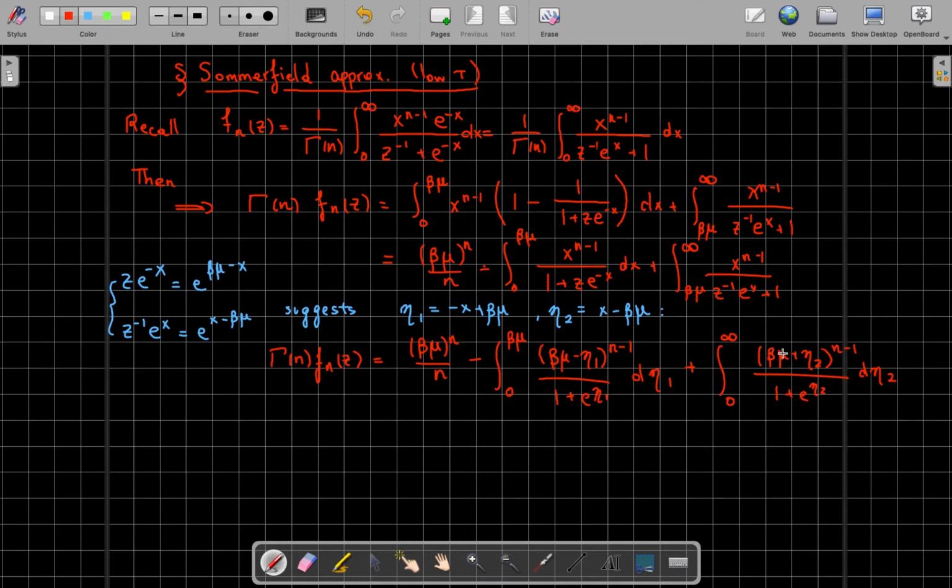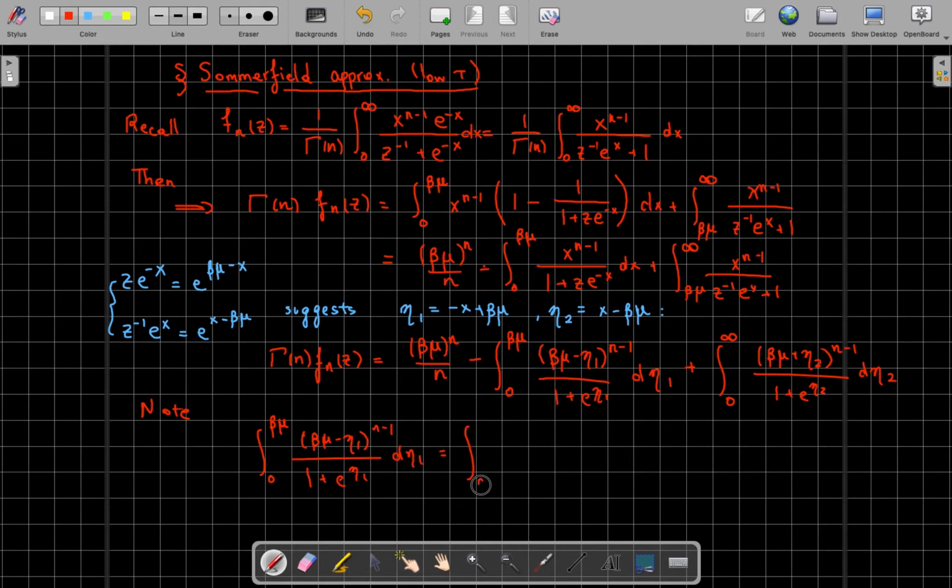Now, let's look particularly at this integral from 0 to beta mu, right? So if we look at that, note, the integral from 0 to beta mu of beta mu minus eta 1 to the power of n minus 1 over 1 plus e to the eta 1 d eta 1.